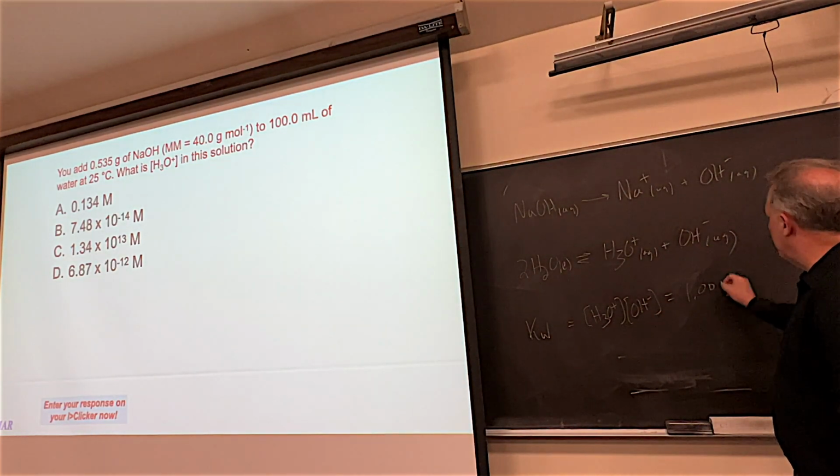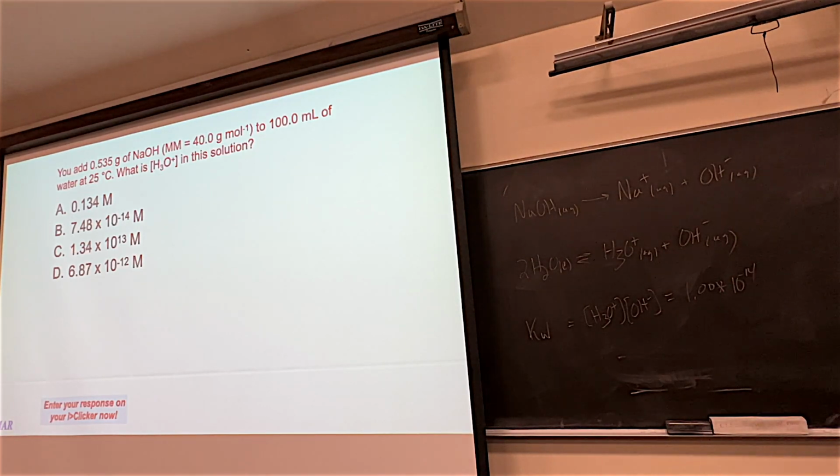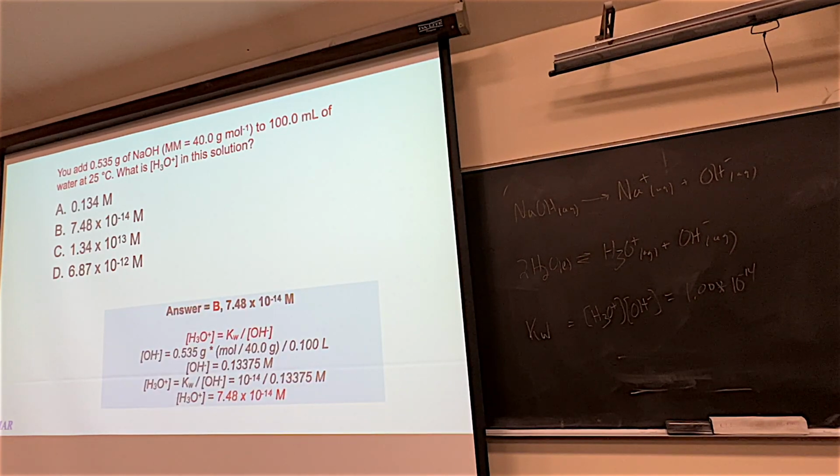And this is the only K that I want you to know. It's essentially 1 times 10 to the minus 14th. So if you take Kw and divide it by the hydroxide concentration, it comes out to be 7.48 times 10 to the minus 14th moles per liter, which is incredibly small.